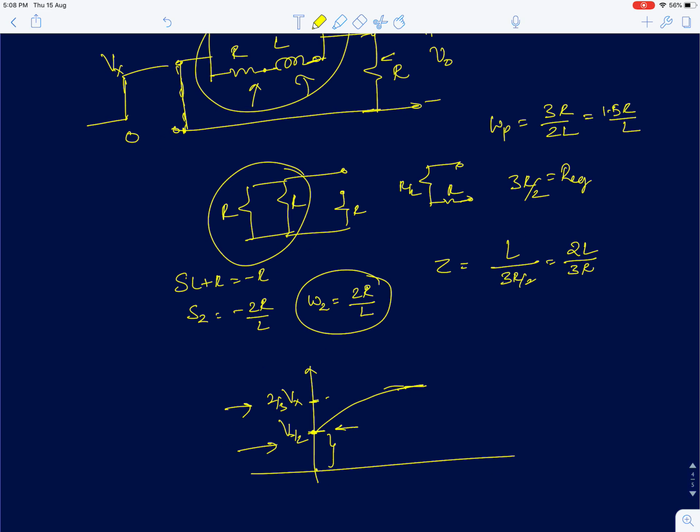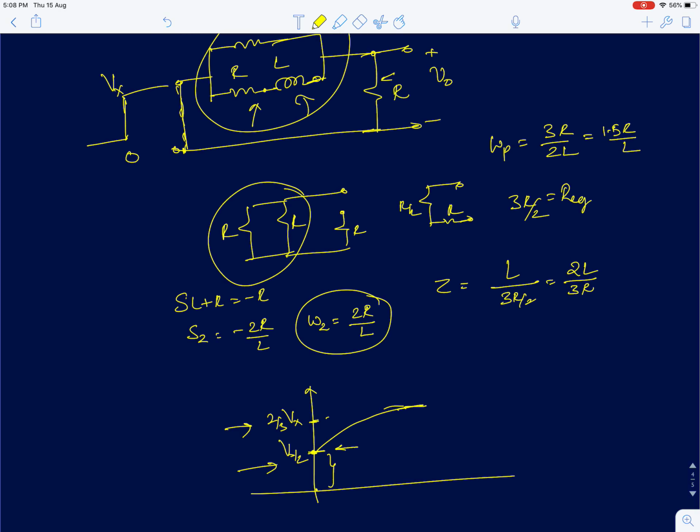So with this I think we have covered the intention of this lecture, which is to show you how to analyze just by intuition, by inspection, the step response of first order RL circuits. And also we should know when the given circuit is a first order circuit or not.